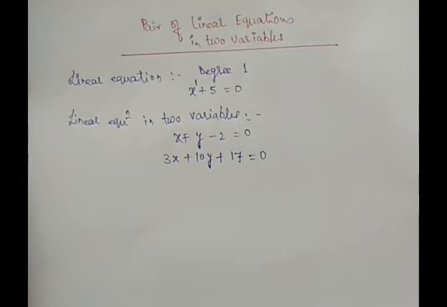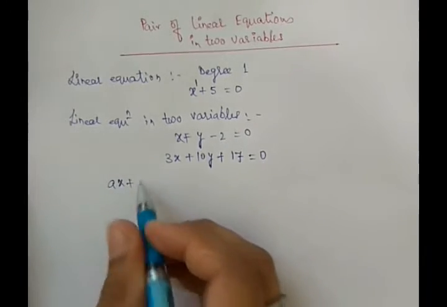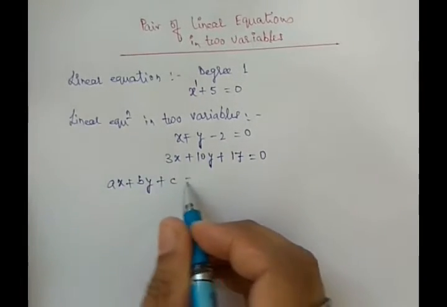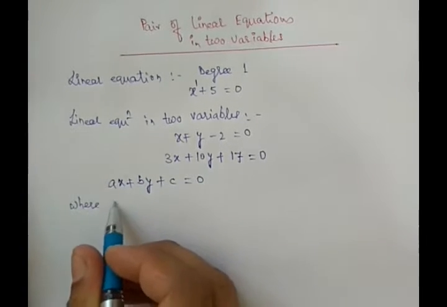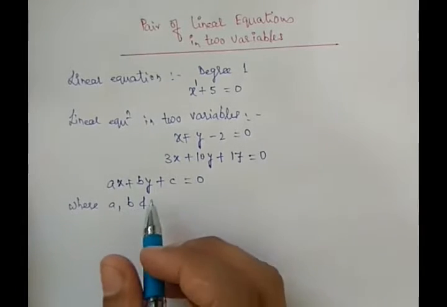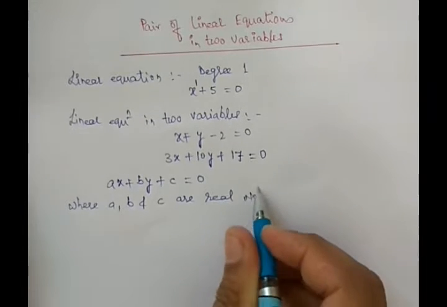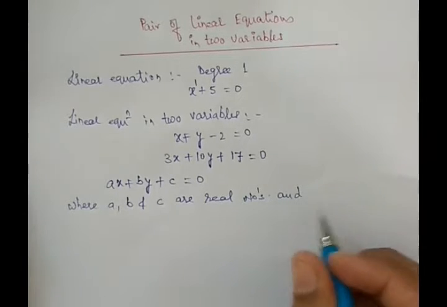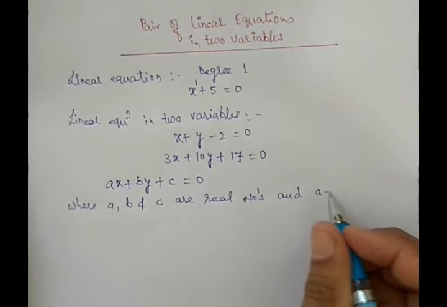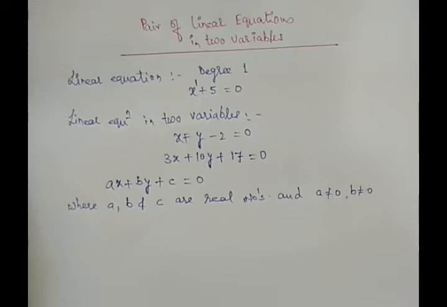Now we can take the general equation or a generalized form of a linear equation in two variables, that will be ax plus by plus c is equal to 0, where a, b and c are real numbers and a is not equal to 0 and b is also not equal to 0.